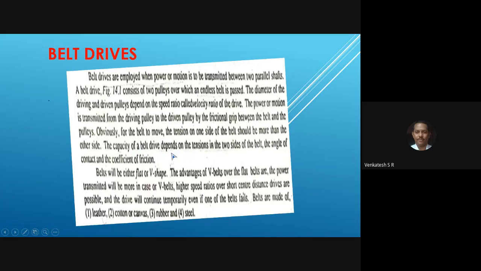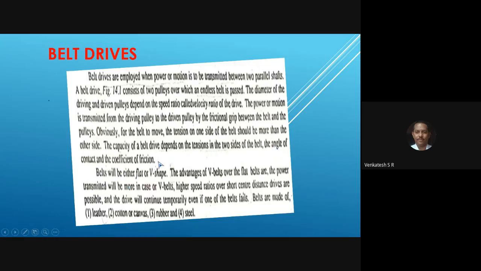The capacity of the belt. Capacity of a belt drive depends on the tensions in the two sides of the belt, the angle of contact, and the coefficient of friction, mu.